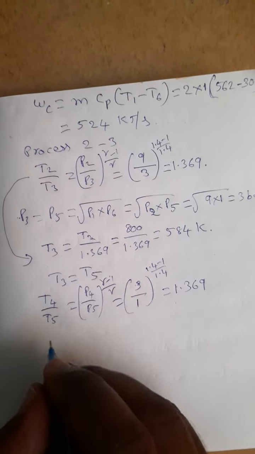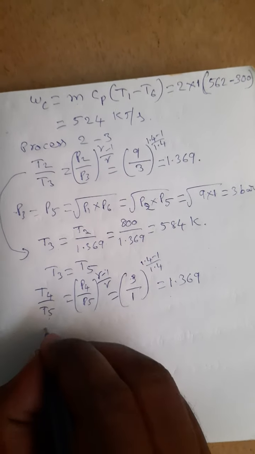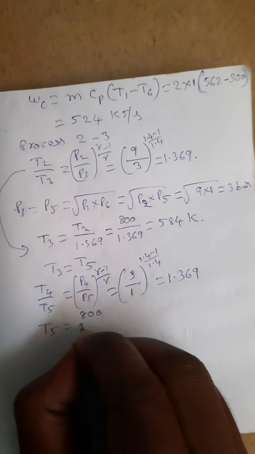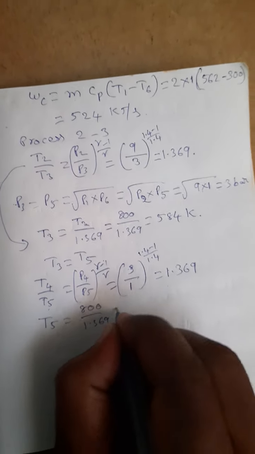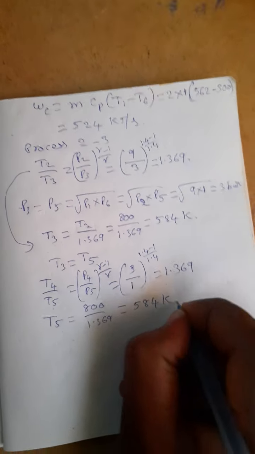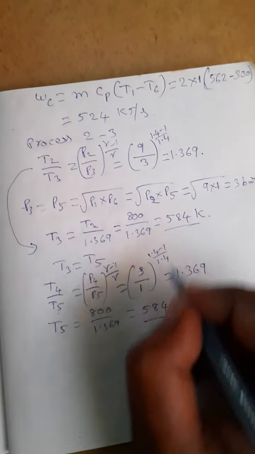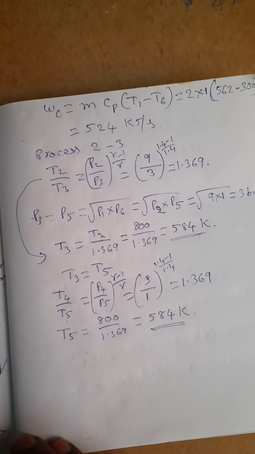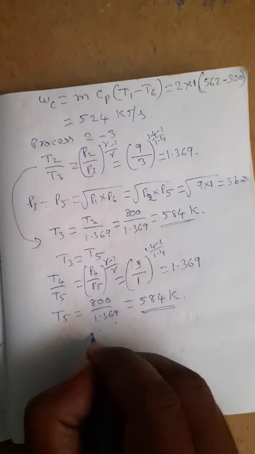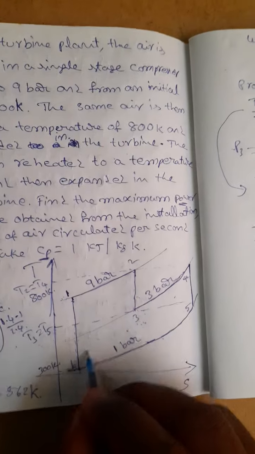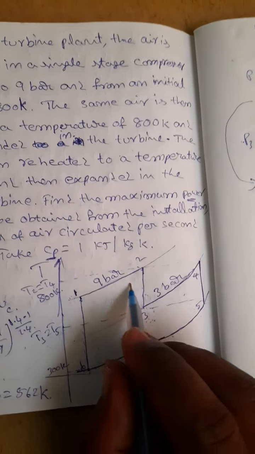We require the T5. So T5 is equal to 800 by 1.369. So we will get 584 Kelvin. So same formula. It is also proved mathematically. Actually no need to calculate again, no need to waste time. We have to follow the condition T3 equals T5 or T2 equals T4.